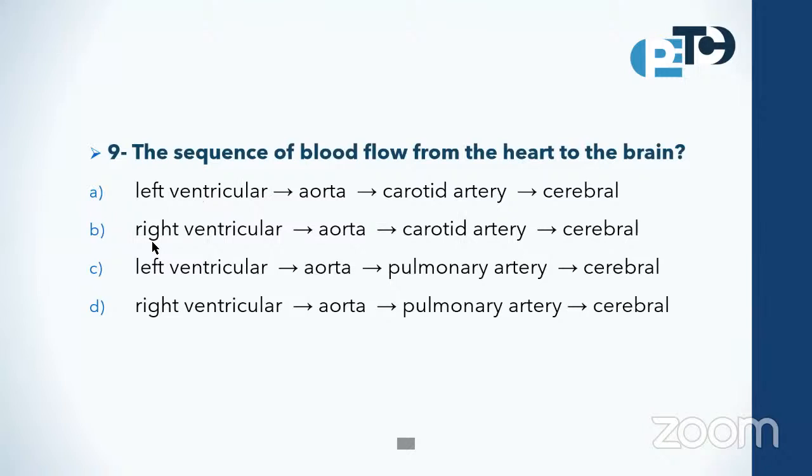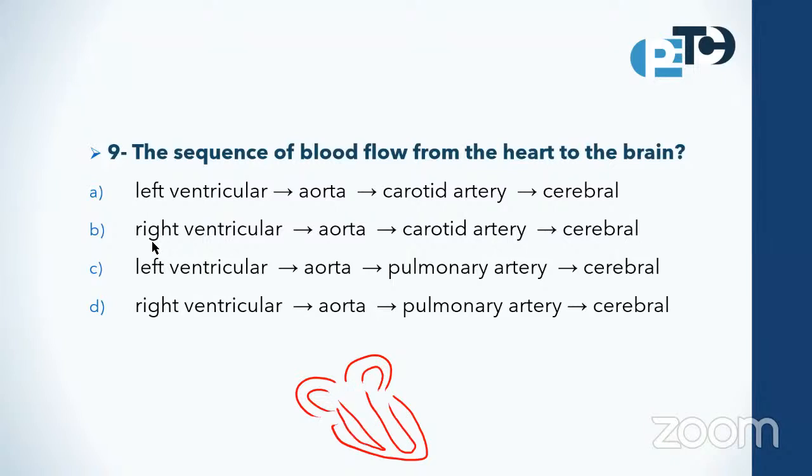A question about the sequence of the blood flow in the circulation. So you should know the circulation very well. Let us revise it. Firstly, here we have the heart, 2 atria, 2 ventricles.